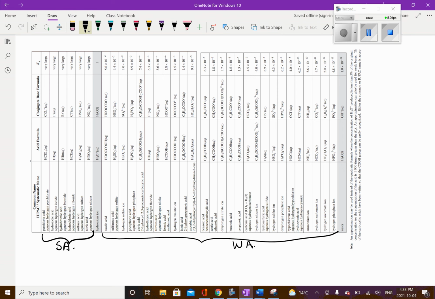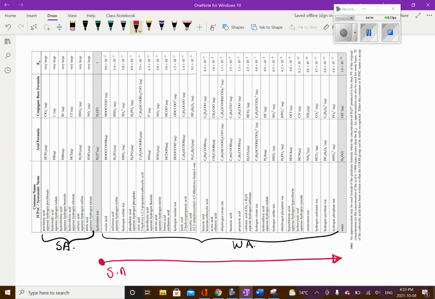Okay, now this table is kind of similar to the table that we saw at the electrostatic with the electric potential voltage. But what we have here is those weak acids, they start from the top being the strongest and going down being the weakest acid.